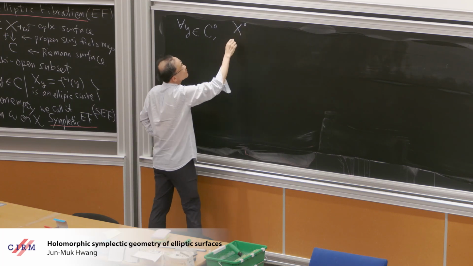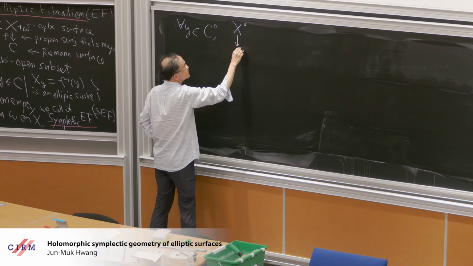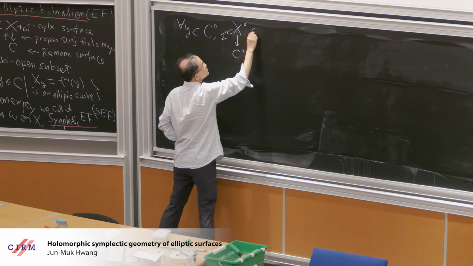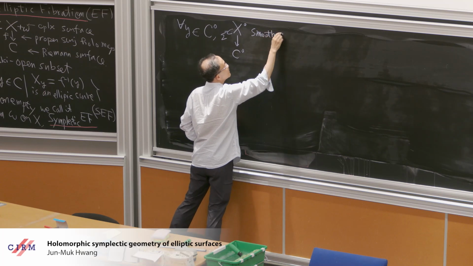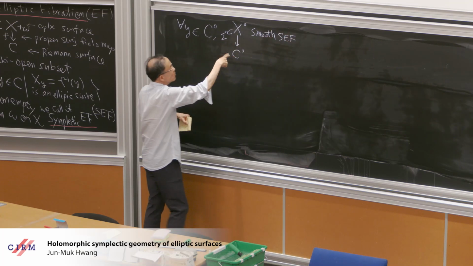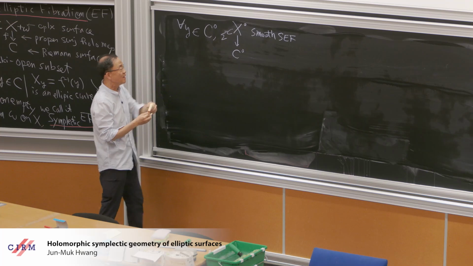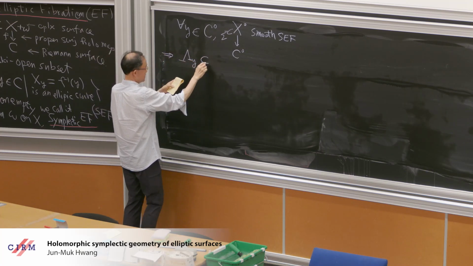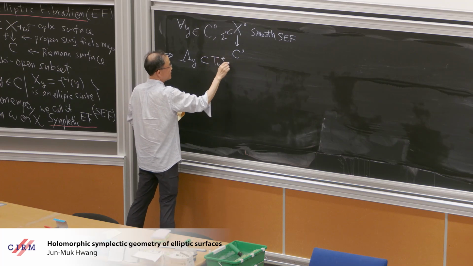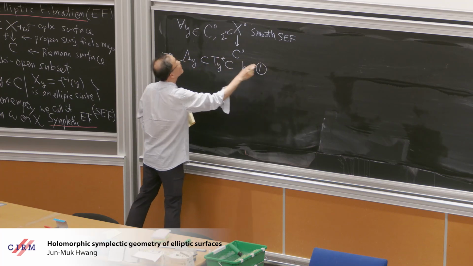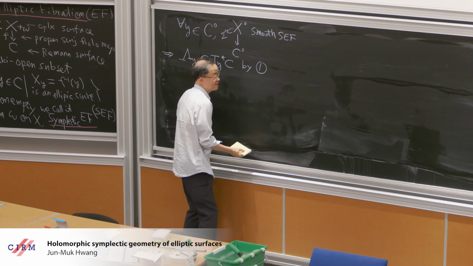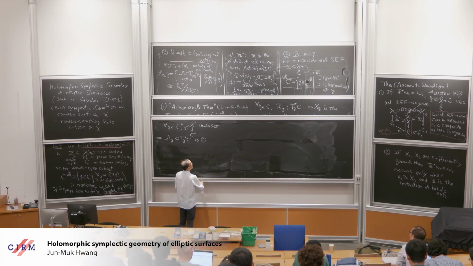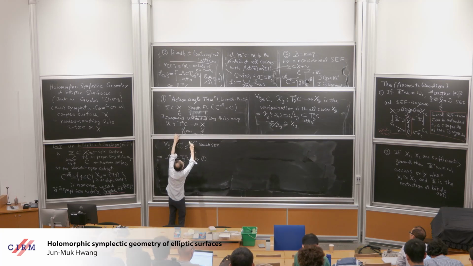The restriction of the elliptic fibration to C0 is smooth over this open set. So we have lambda_y inside T_y star C by the action angle theorem.